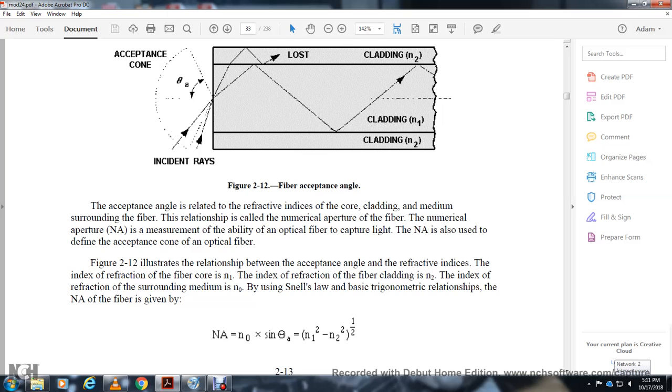By using this law, the basic trigonometric relationship of the numerical aperture of the fiber is given.